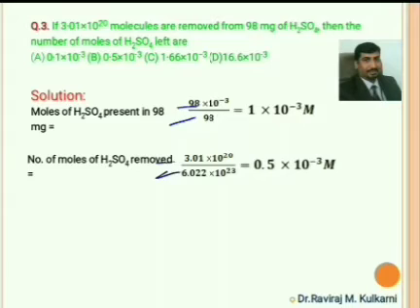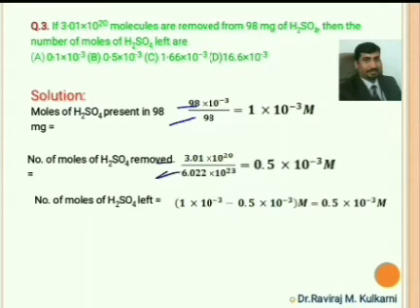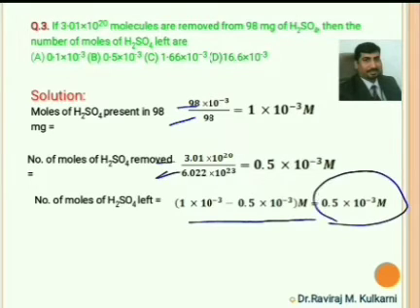So number of moles of sulfuric acid left are 1 into 10 raised to minus 3 minus 0.5 into 10 raised to minus 3. So you get, what is the answer? 0.5 into 10 raised to minus 3. So option B is correct. Answer is option B, 0.5 into 10 raised to minus 3 mole.